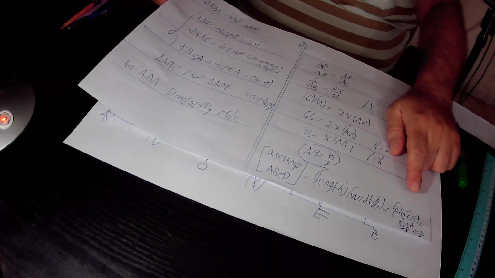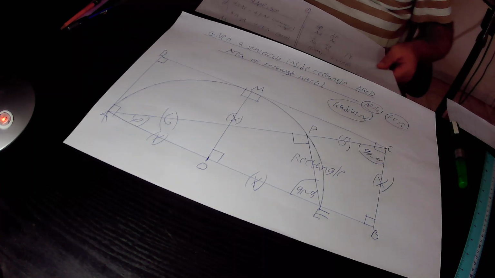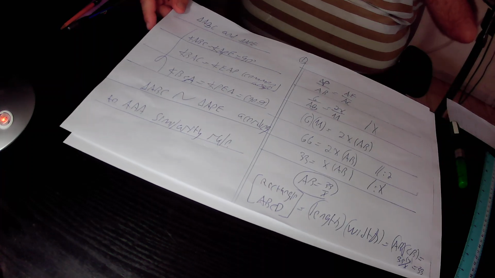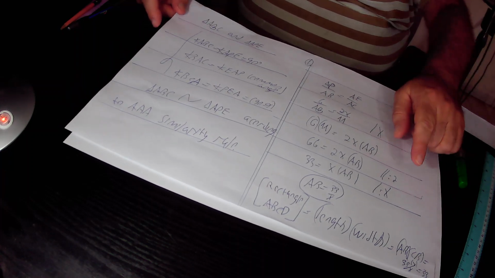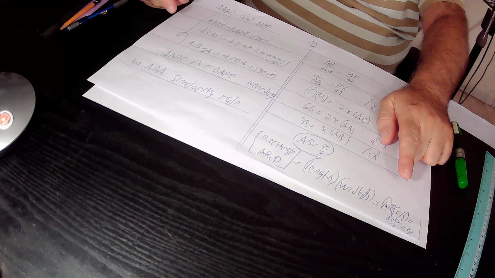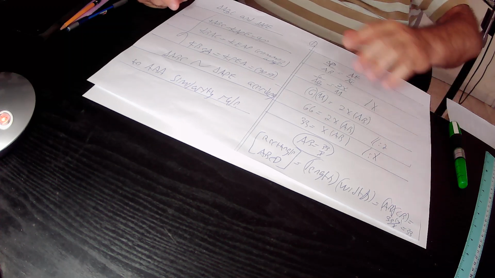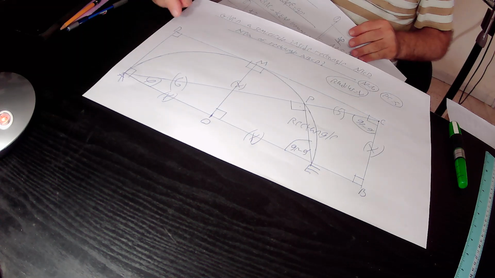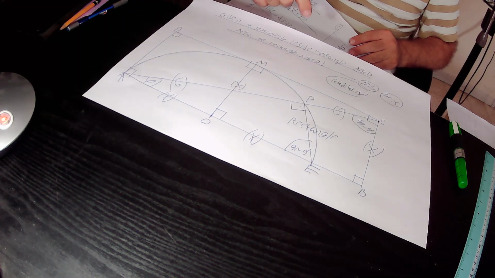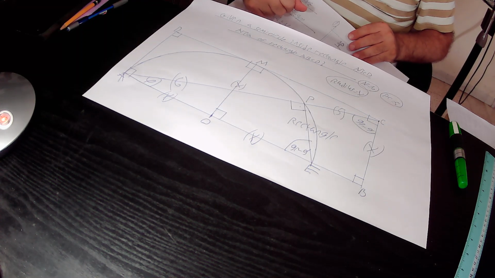AB is 33 over x, and CB is x. So the area equals 33 over x times x. We have x in the numerator and x in the denominator, so x gets cancelled, and we are left with 33. So the area of this rectangle ABCD is equal to 33 square units. So we finish with the first question.